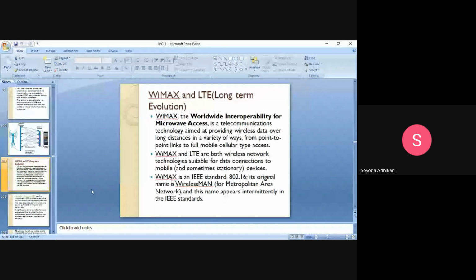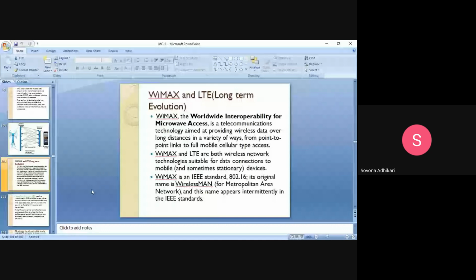WiMAX and LTE are both wireless network technologies suitable for data connection to mobile devices. So both are wireless technologies and suitable for connection to mobile or sometimes stationary devices.